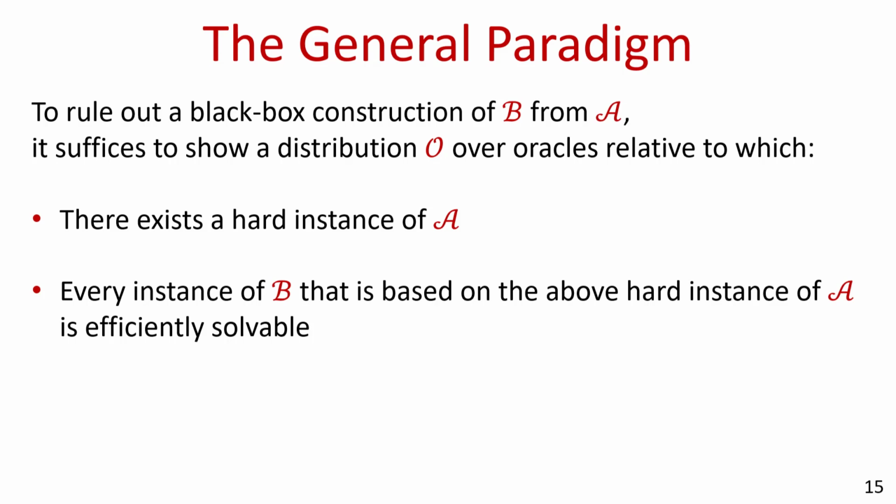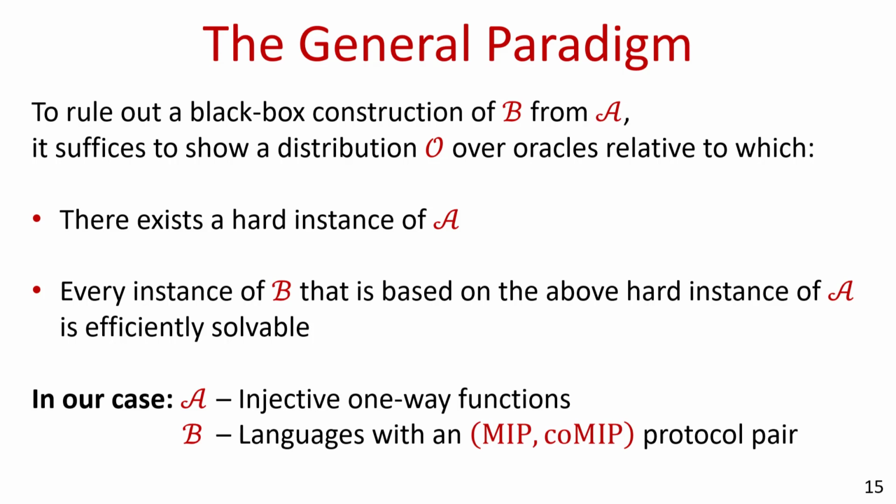Note that there is no need to show that there are no hard instances of B at all, but only that there are no hard instances that are based solely on A. In our case, we need to show a distribution relative to which there exists an injective function that is hard to invert on a uniformly random input with a noticeable probability, but the language defined by every MIP-CoMIP protocol pair based on this injective one-way function is efficiently decidable.